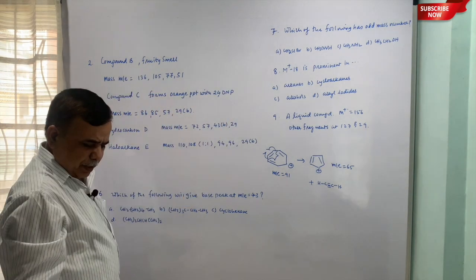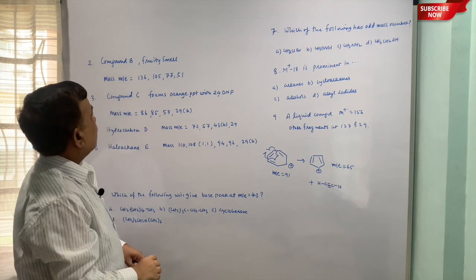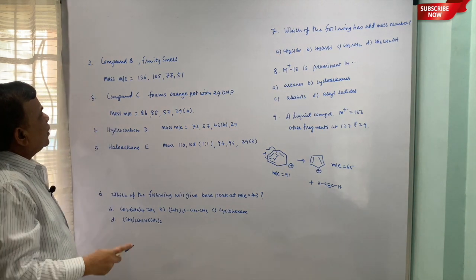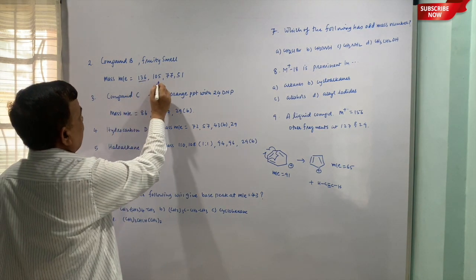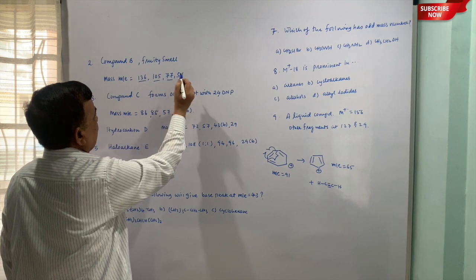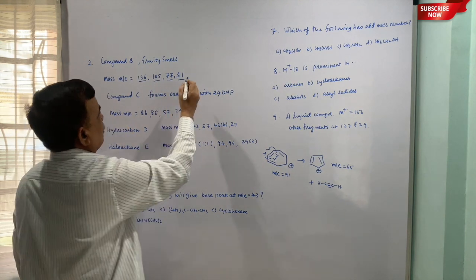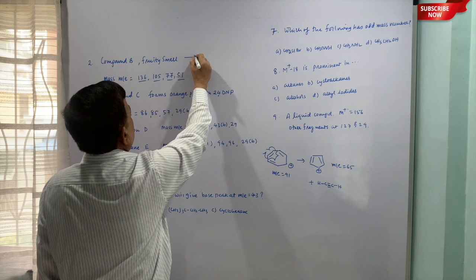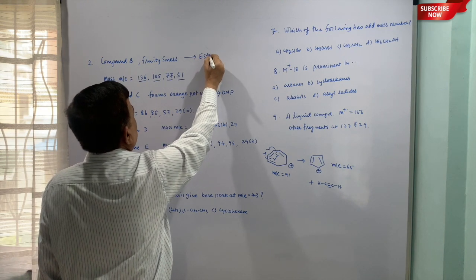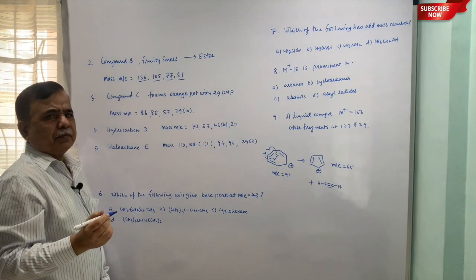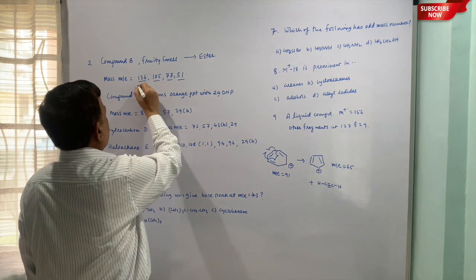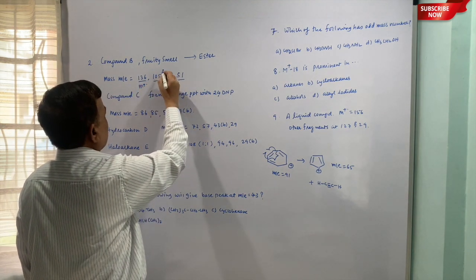Then compound B gives fruity smell. Once again 136, 105, 77, and so fruity smell suggests the ester functional group. 136 looks like radical cation.